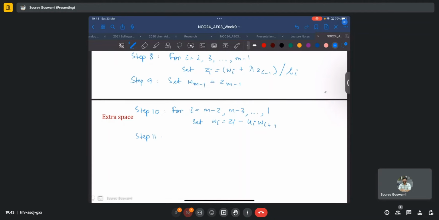And step 11, we output the time step t, also commented, so t is equal to tj.